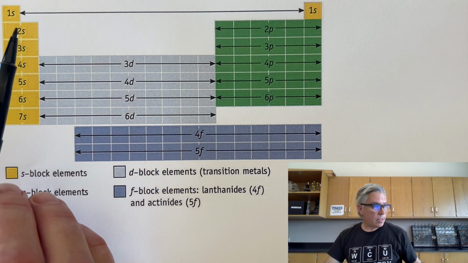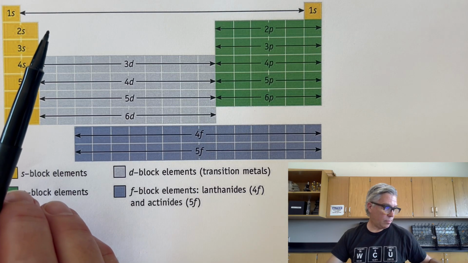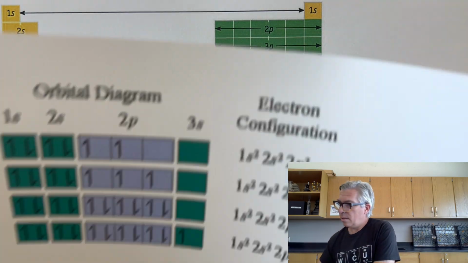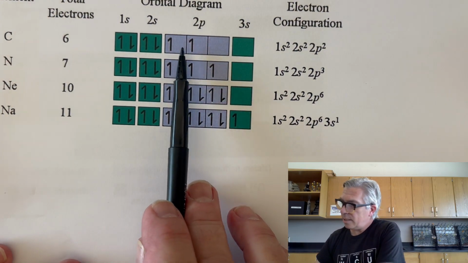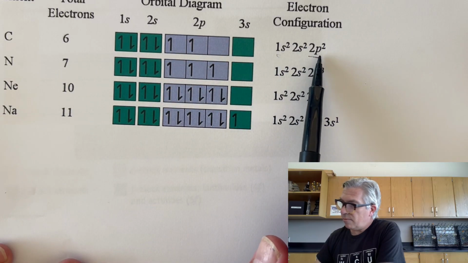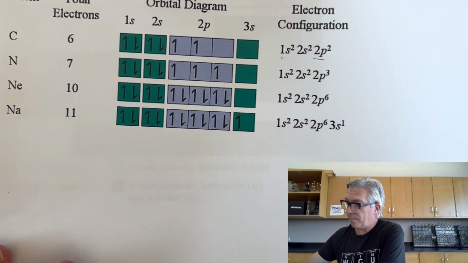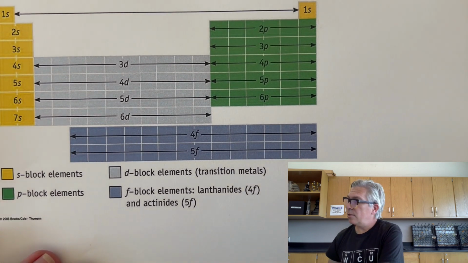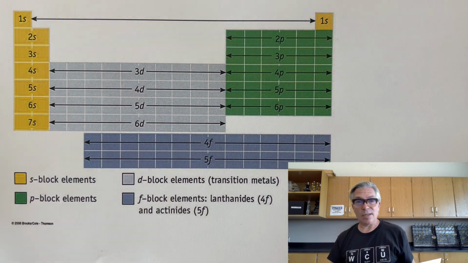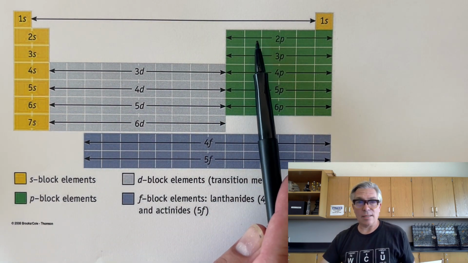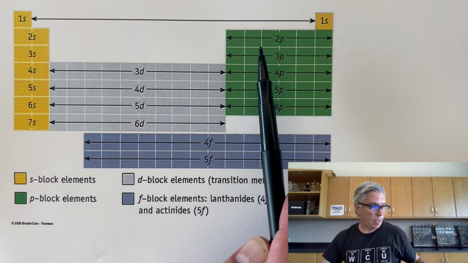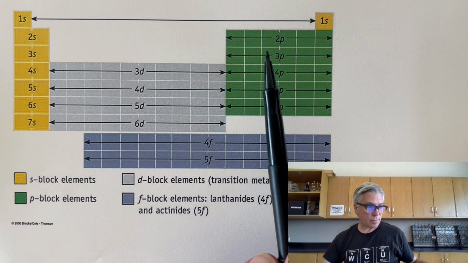All right, and carbon, where's carbon? Carbon has a configuration ending in 2p2. So where does it live? In the second row, P block, second column. Okay, I just did silicon.